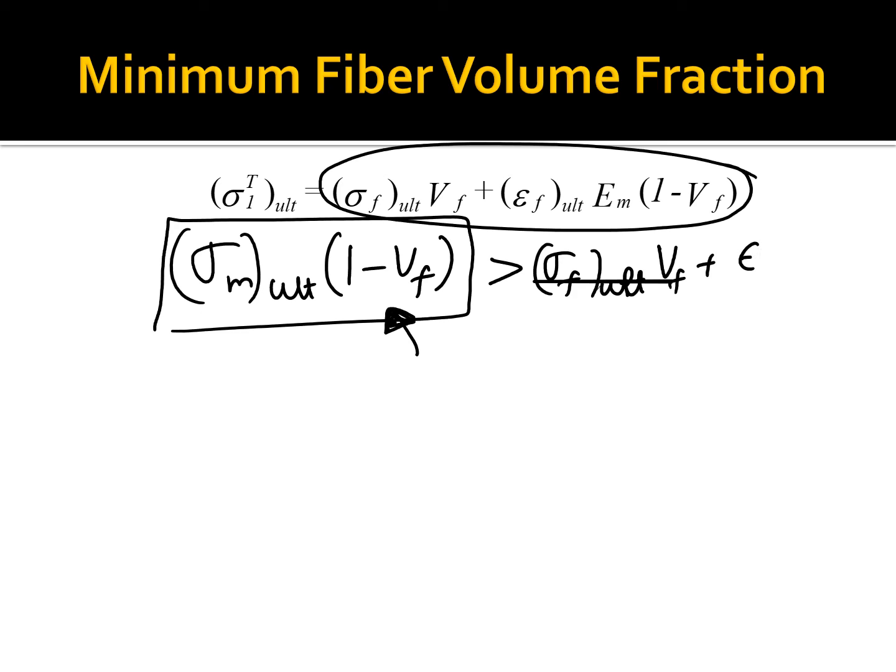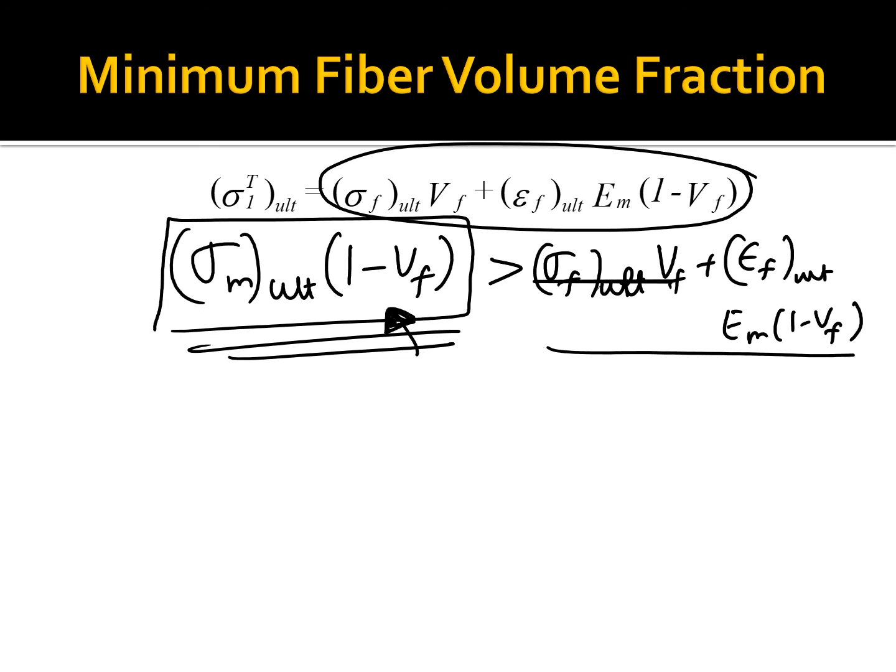Vf plus epsilon F ultimate Em (1 minus Vf). Let's see for what volume fractions this quantity, which is the matrix taking the load after all the fibers are broken, is greater than the ultimate tensile strength in direction 1. All I have to do is expand it.